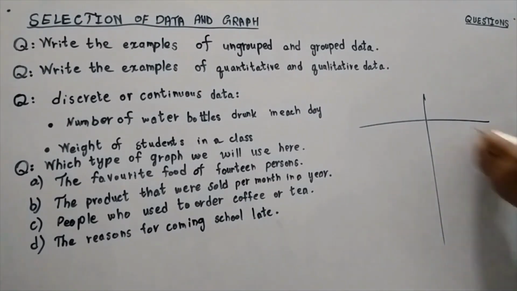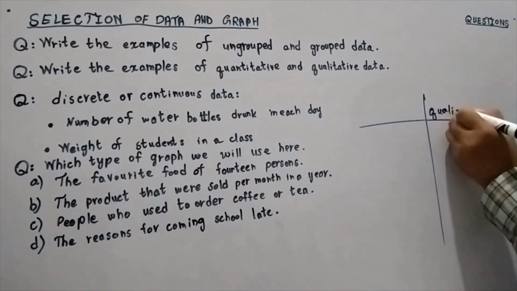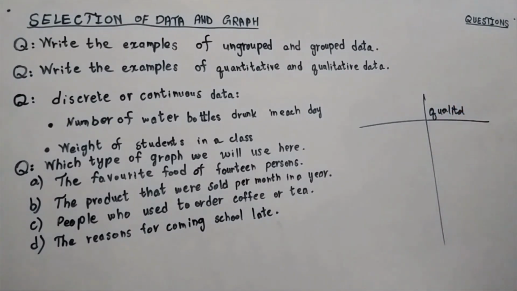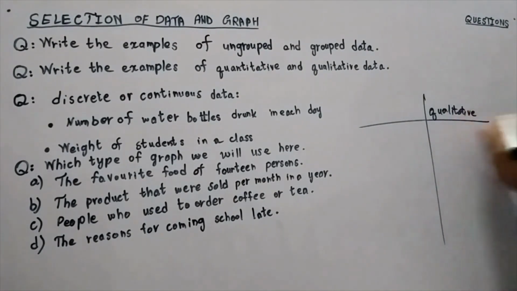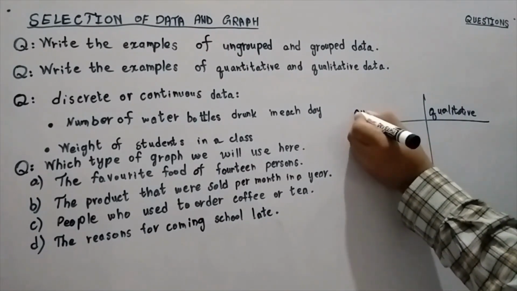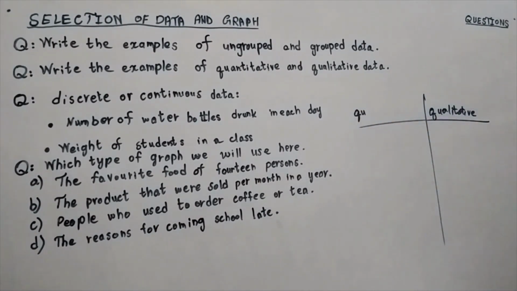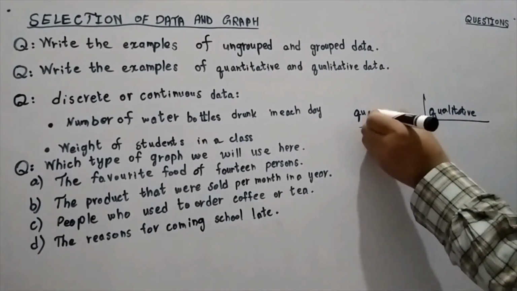And quantitative data is where we have the quantity of anything, like the quantity of height or of persons. It is also known as numerical data.